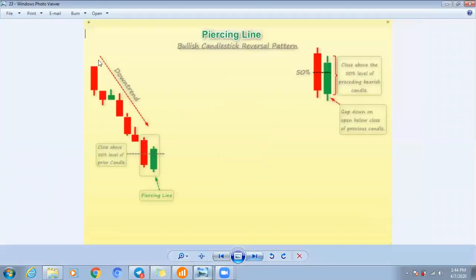When we are coming from a downtrend and we find a big bearish candlestick, and after that we find a bullish candlestick which crosses the 50% level and closes above the 50% level, then we can say this is the piercing line pattern. How can the piercing line pattern be traded? It's traded like an engulfing candle.